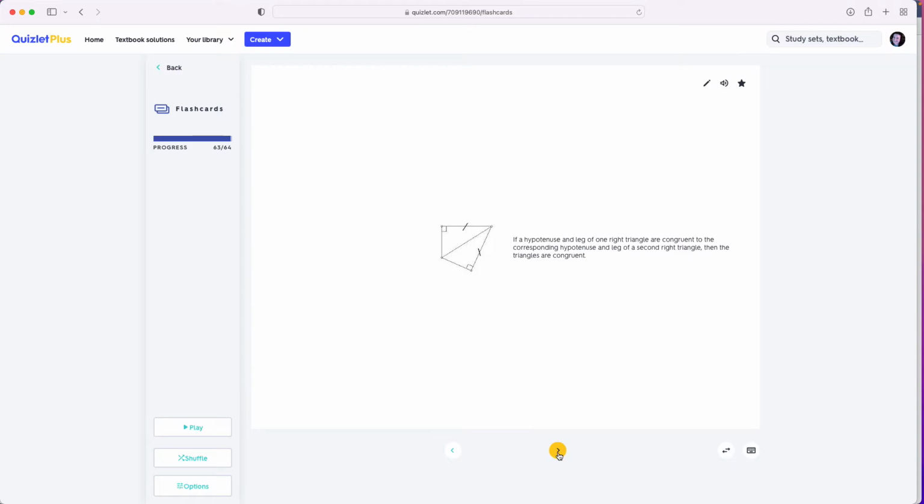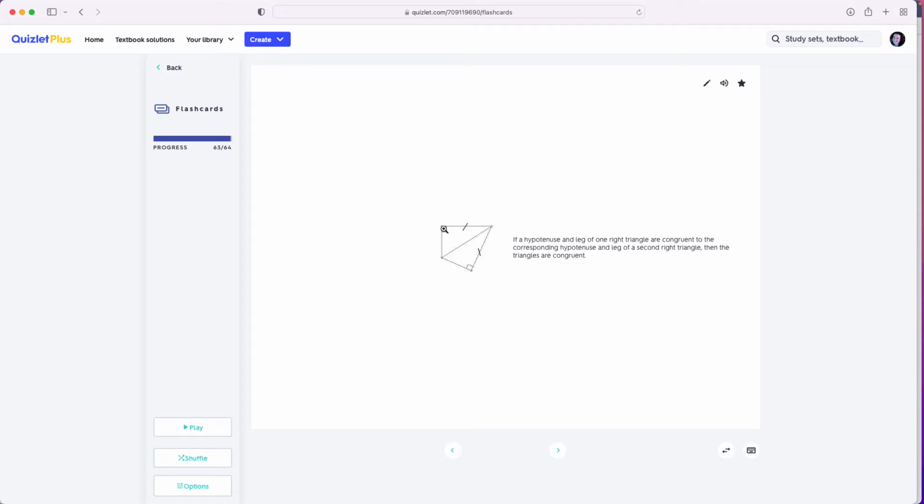Now this is called the hypotenuse leg postulate, and it says that if a hypotenuse and leg of one triangle are congruent to the corresponding hypotenuse and leg of the second right triangle, then they're congruent. Why? That's only 2 things. It's a hypotenuse and a leg. No, it's 3 things. Because if you have a right triangle, we already know that one of the angles is congruent.